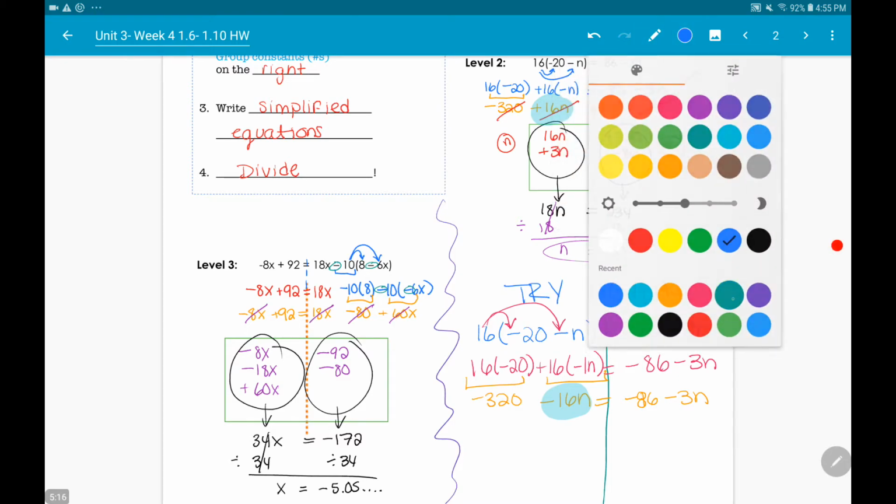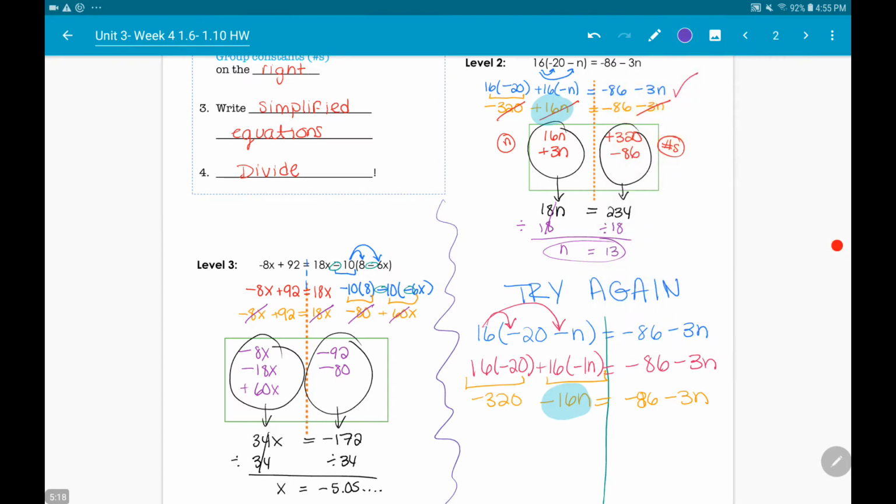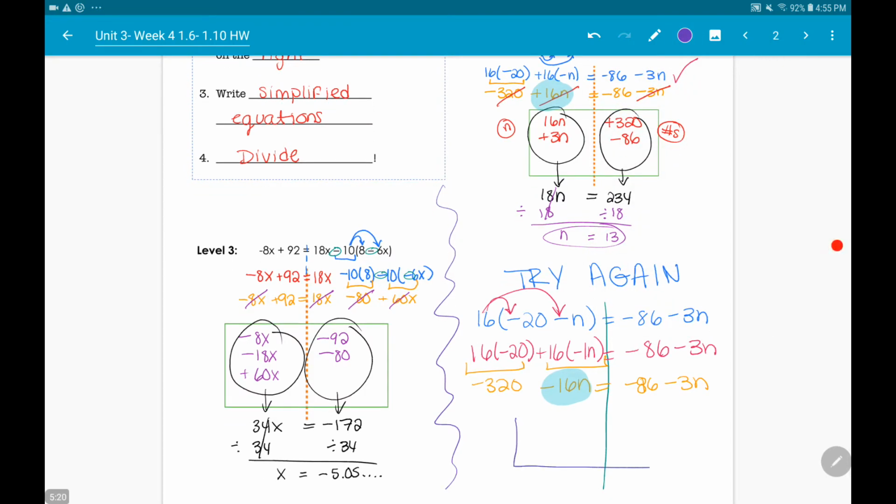All right, so let's continue to solve this so we get the appropriate answer. So now this becomes a negative. This side is still 234. And this side is negative 13n. Our last step is to divide.